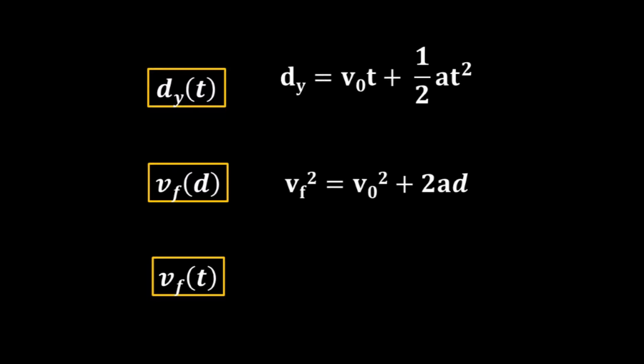Next is vf of t, and we know that vf equals v naught plus at. In the case of free fall motion, v naught is 0, a is g, so vf equals gt.